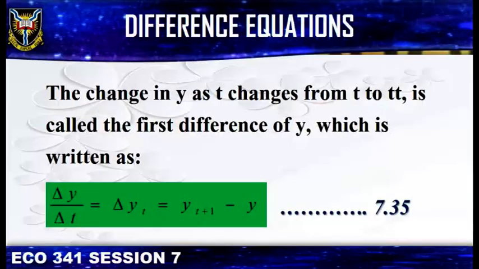The change in y as t changes from t to t plus 1 is called the first difference of y, which is written as delta y over delta t is equal to delta yt. It's equal to yt plus 1 minus yt, equation 7.35.